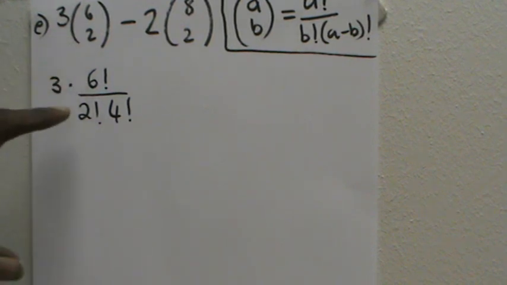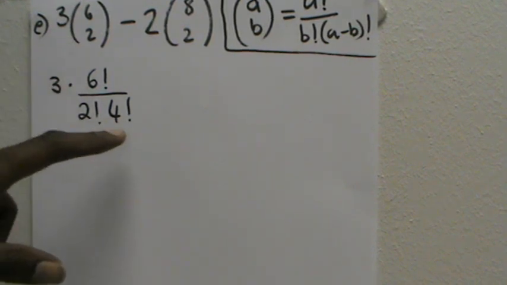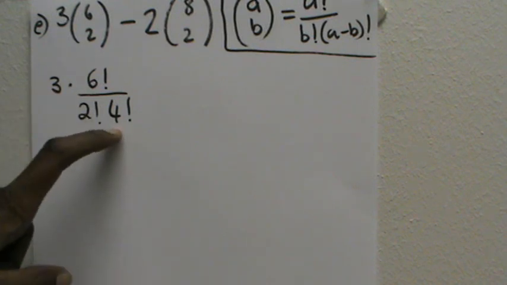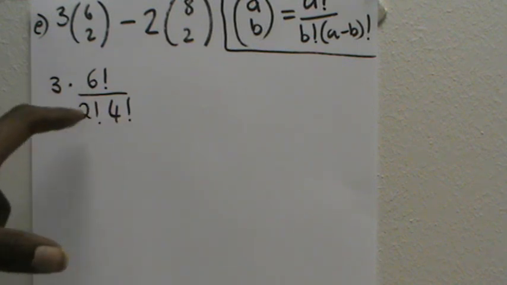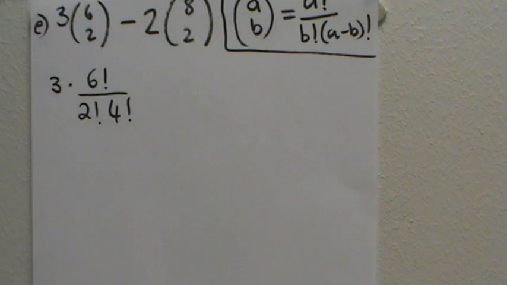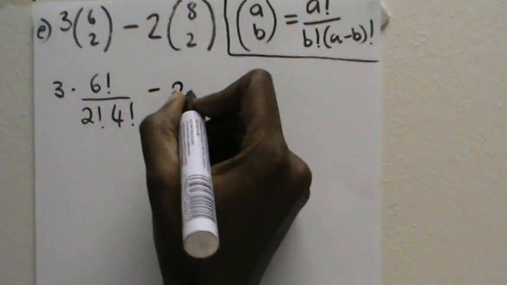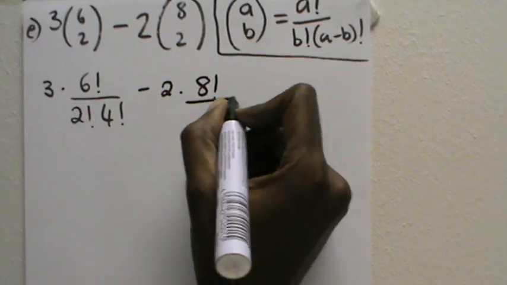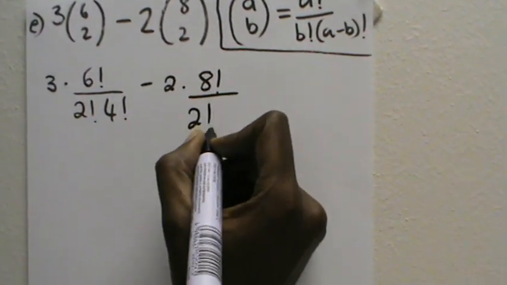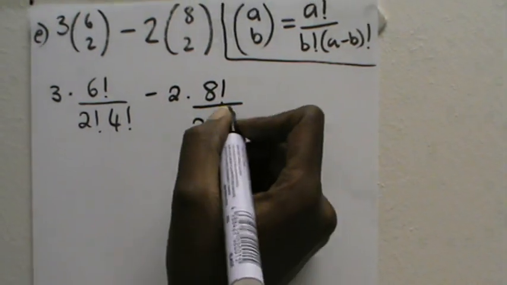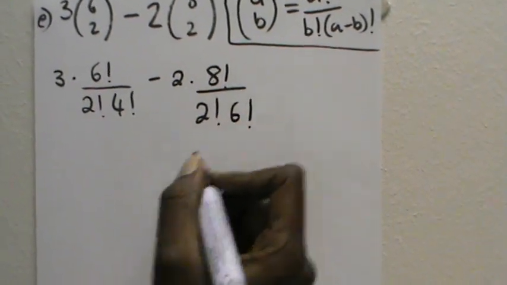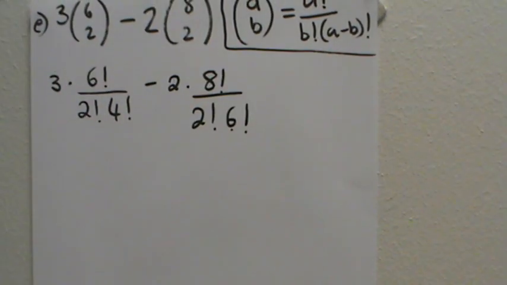So if you know that the 2 factorial goes down there, then you have to ask yourself, what number do I need to put here so that when I add it to this 2, it gives me 6. And that one is simple. So I have to subtract 2 multiplied by 8 factorial, and then this is the 2 factorial, and the number missing here is 6, because 2 and 6 add up to 8.